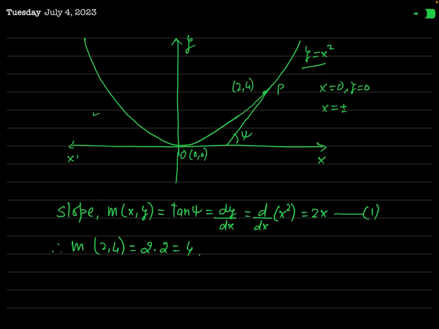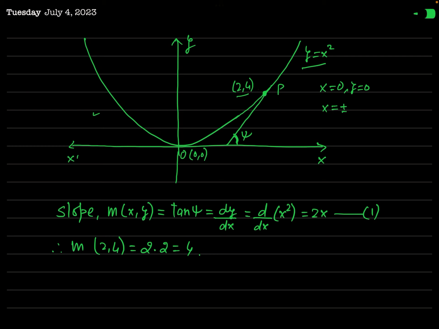Now the question says you have to find the slope of the tangent which passes through the point (2, 4). Let us say this point P is the point whose coordinates are 2 and 4. So we draw a tangent here, and we consider that this tangent makes an angle psi with the x-axis.